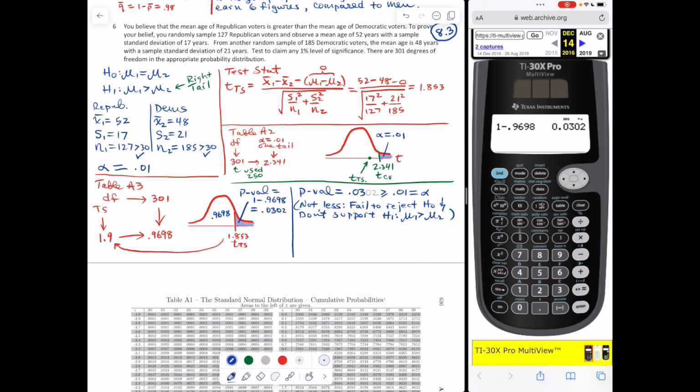Okay, so the data don't support the claim that the mean age of Republican voters is greater than for Democrats.